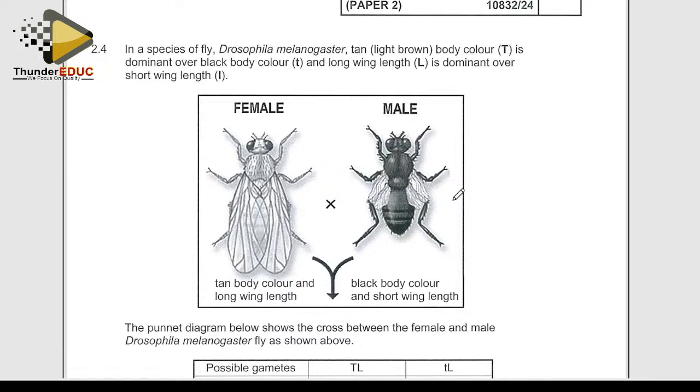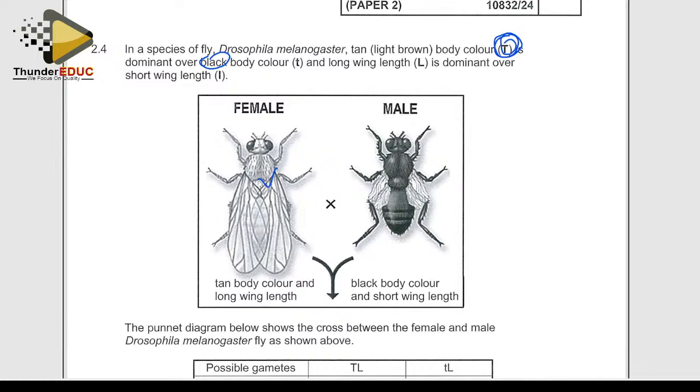2.4. They're saying that in this species of fly, Drosophila melanogaster, which we call the fruit flies, tan light brown body color is dominant over black.